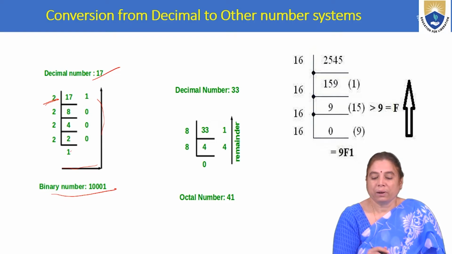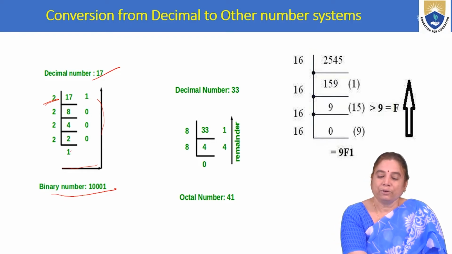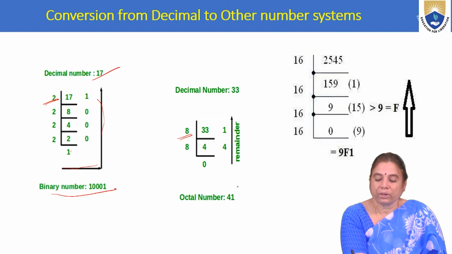In a similar way, from decimal to octal, the base value is 8. So the number has to be divided by 8 and the remainders written from bottom to top in order to get the octal equivalent of the decimal number.